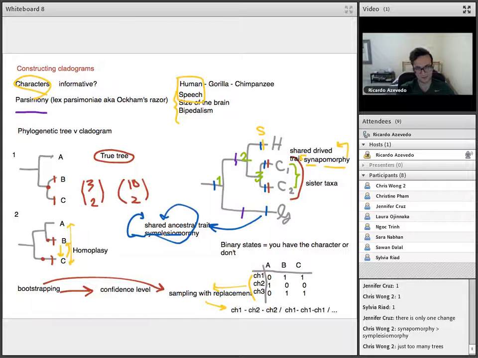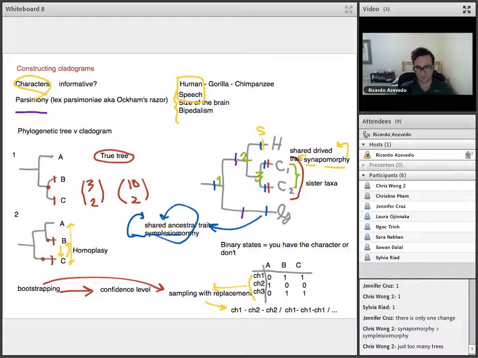In the case of each species, there are values associated. So let's say A doesn't have character 1, but B has, C has, while this one is like this, and this one is like this. So you have several characters, and you have 3 different species with the characters associated with them.